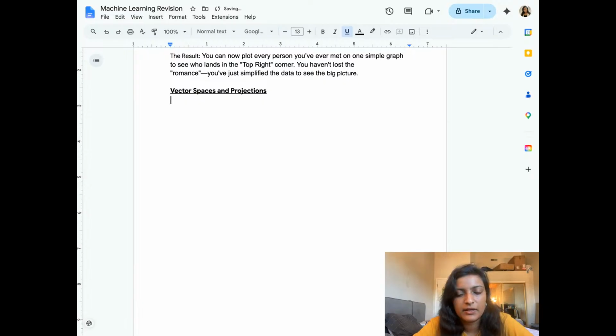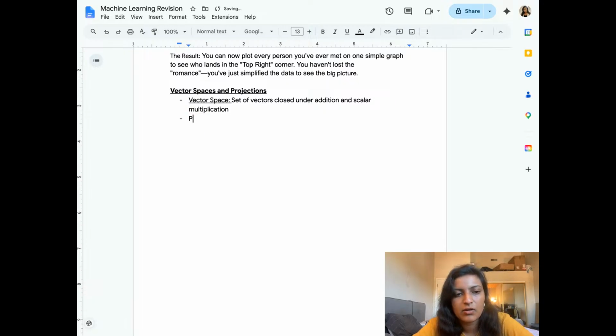So basically, a vector space is a set of vectors closed under addition and scalar multiplication.